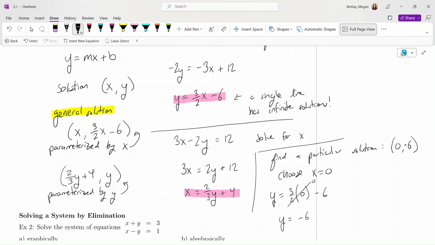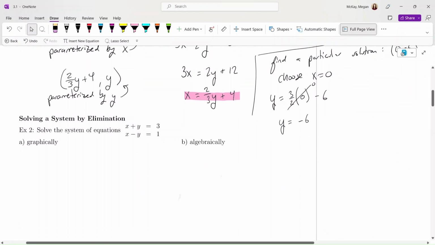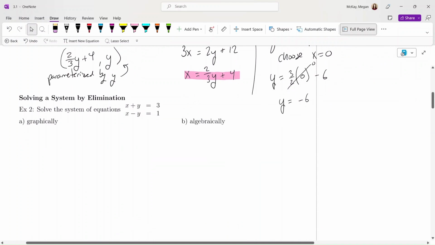Alright, so let's continue by now looking at how to solve a system of equations. The first system that we're given here is x plus y is equal to 3 and x minus y is equal to 1. And we are asked to solve this system in two ways. First, by looking at the system graphically, and second, by looking at the system algebraically.